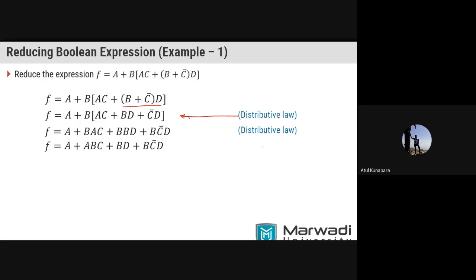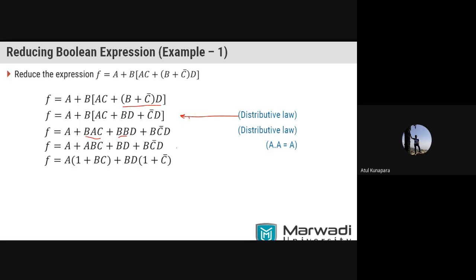Then, what rule have we applied? One rule we have applied here is B dot B, that is the AND rule: A dot A equals A. Similarly, B dot B is equal to B. Here we have applied the sequence rule, that is, whether you perform BAC or ABC doesn't matter, they both give you the same output.